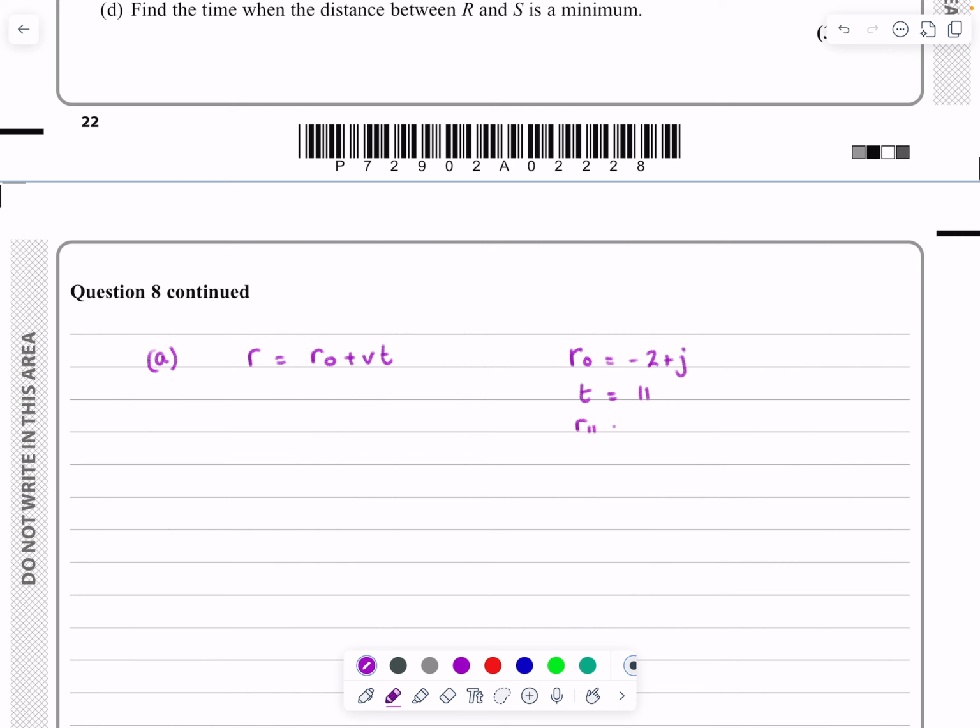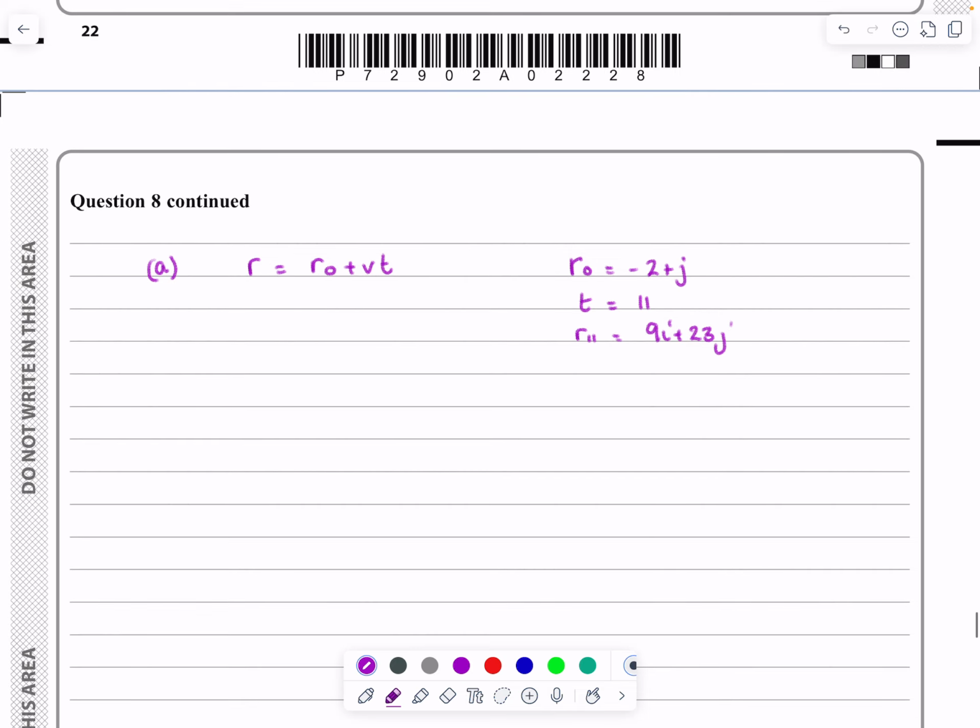It's telling me where r is at 9i plus 23j, and what it hasn't told me is v, so that's what I've got to work out. So if I put that information in then, I've got that 9i plus 23j, that's where it's ended up. It started off at minus 2i plus j, and we had 11 lots of the velocity to work that out.